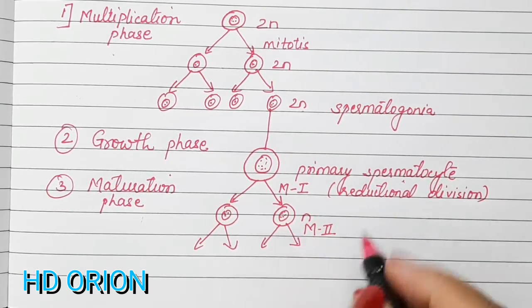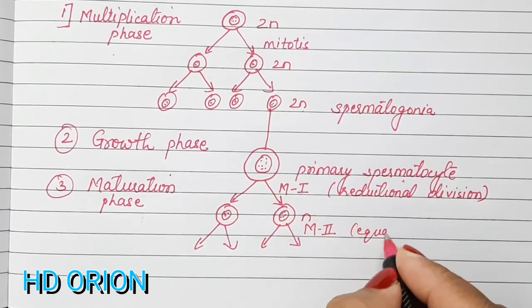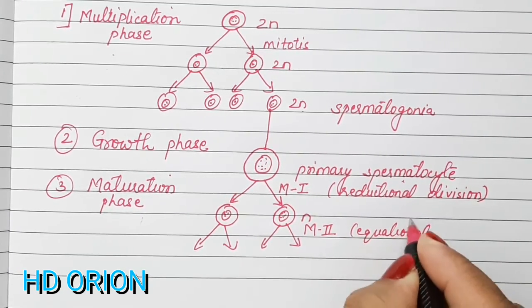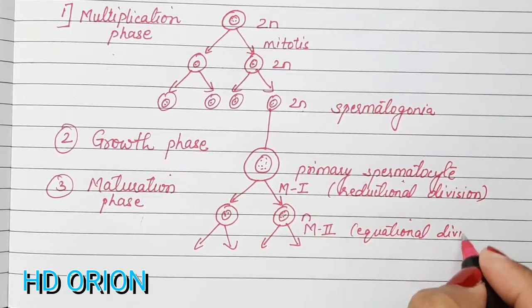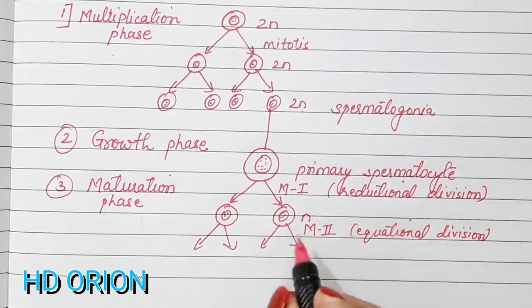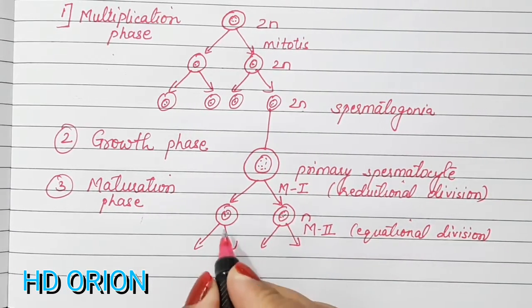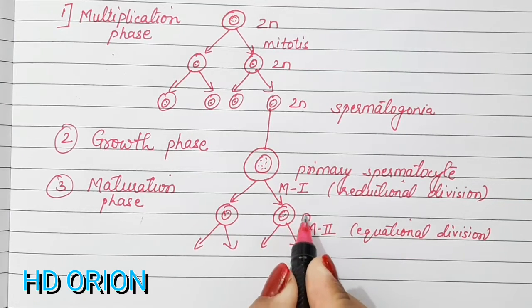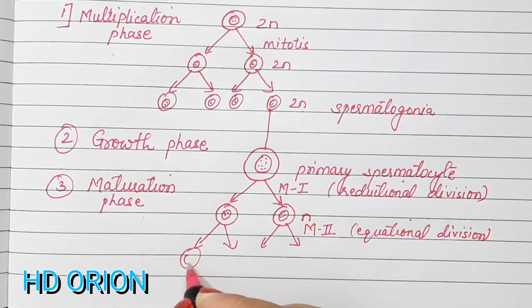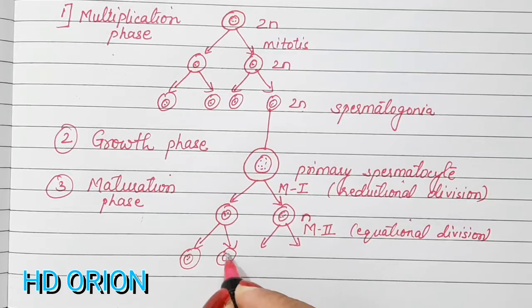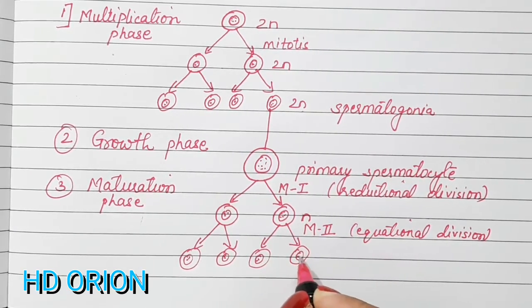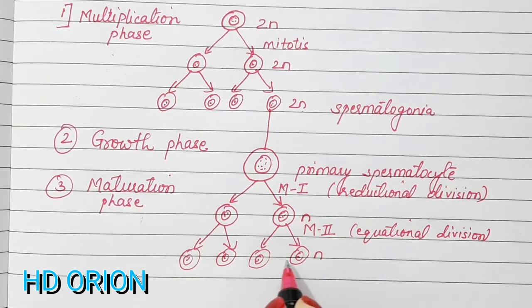Meiosis 2 is now equational division, which is very similar to mitosis, but we call it meiosis II. Since it is equational division, this was n, so the daughter cells will also be n. So there are 4 daughter cells which are haploid and are formed after meiosis II.